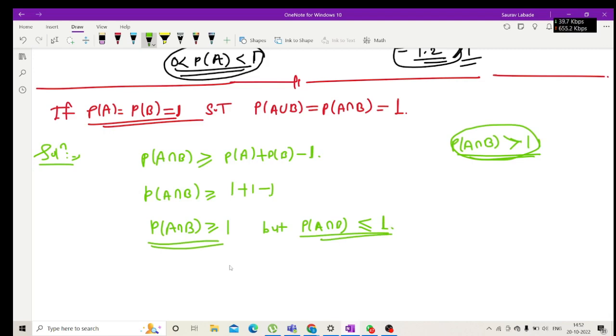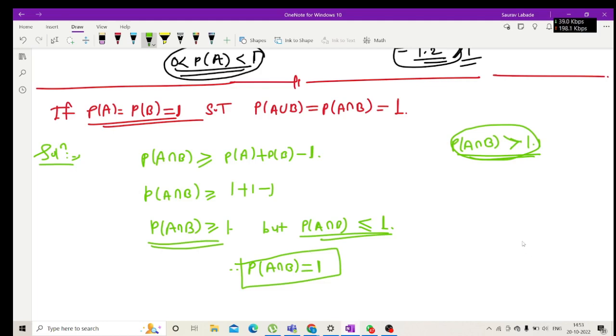Therefore, if it is greater than or equal to 1 and not greater than 1, it will be equal to 1.